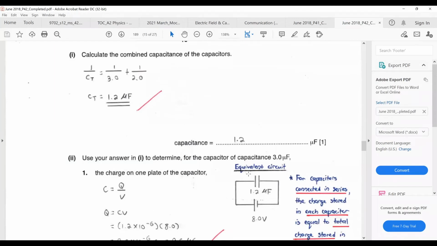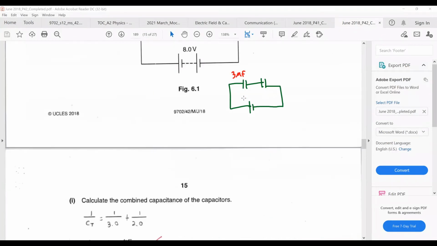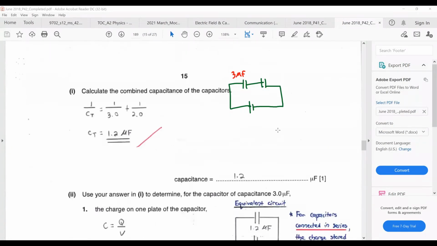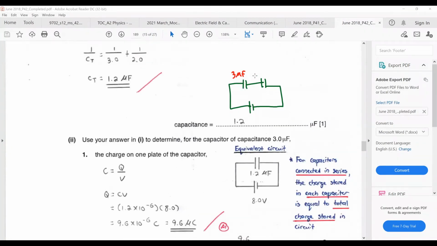Maybe it's better if I just draw it out for you. The easiest way would be to do something like this. This one here is your 3 microfarad, and this one here is your 2 microfarad. This can be simplified to this, right? I know that this one is 8 volts.